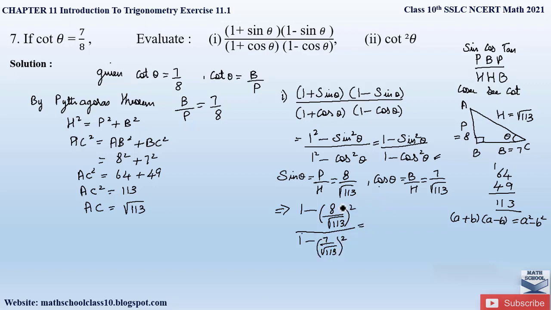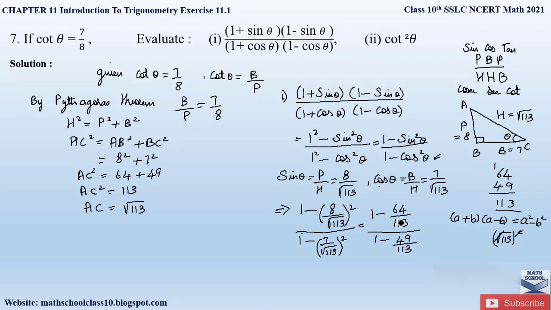So squaring the numerator and denominator, we are going to get 1 minus 8 square, which is 64, divided by square root of 113 the whole square. So the square and square root will get cancelled and you will be just left with 113. Similarly, in the denominator, 1 minus 7 square is 49, divided by the square of square root of 113, which is again 113.